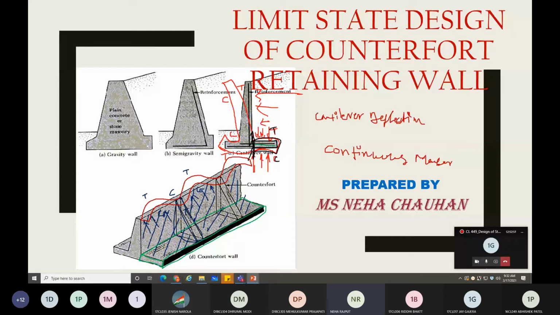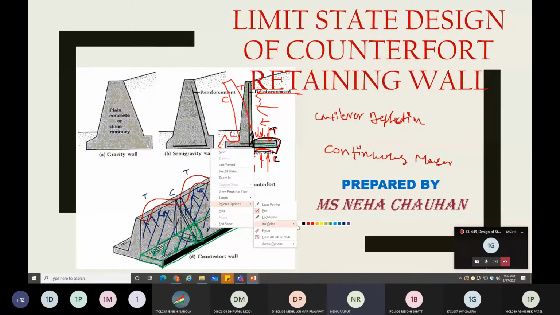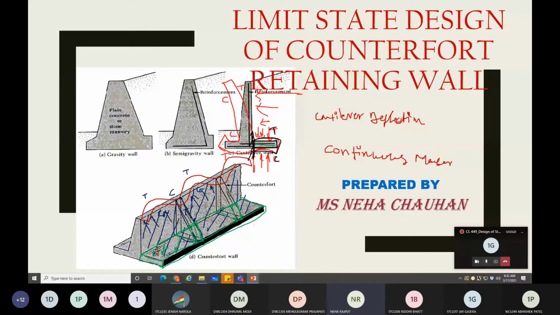Now just imagine that here also this is one scale, and this scale has some supports at regular intervals in terms of counterforts, right? From here to here is the support, here also there is a support in terms of counterfort. And now the loads are acting on this part. All the load is acting here because here is the backfill. This whole is your backfill, so load is coming here, load is coming like this, right? Uplift pressure load will also come.